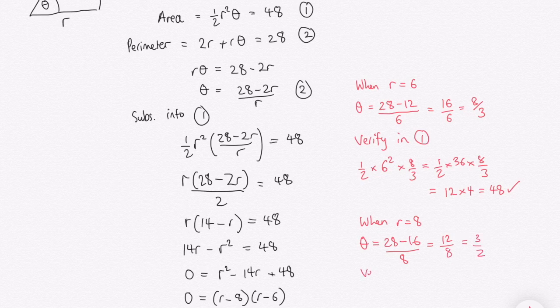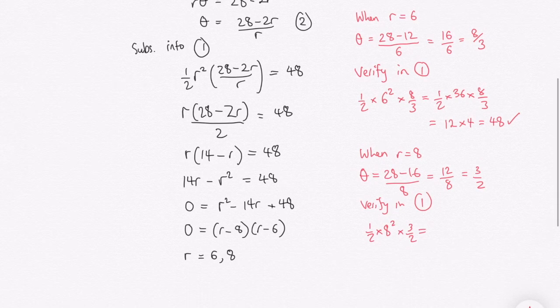And then we verify in 1: a half times 8 squared times 3 over 2 is equal to a half times 64 times 3 over 2. Well, 64 divided by 4 is 16, so this is 16 times 3, which is also equal to 48. So we have verified that r equals 6 and r equals 8 is in fact the correct solution to this problem.